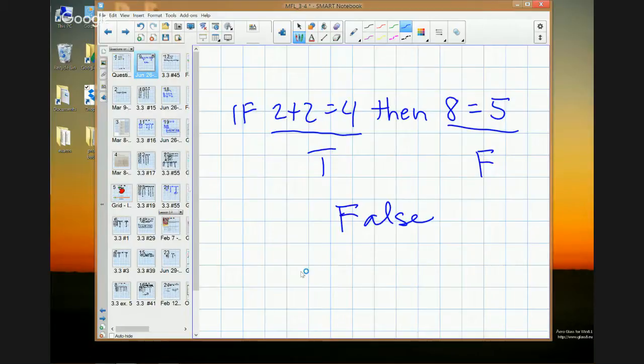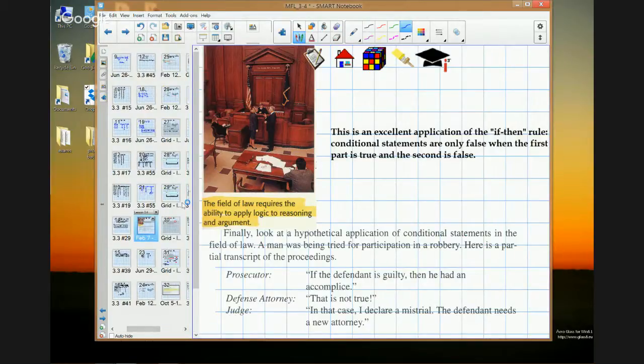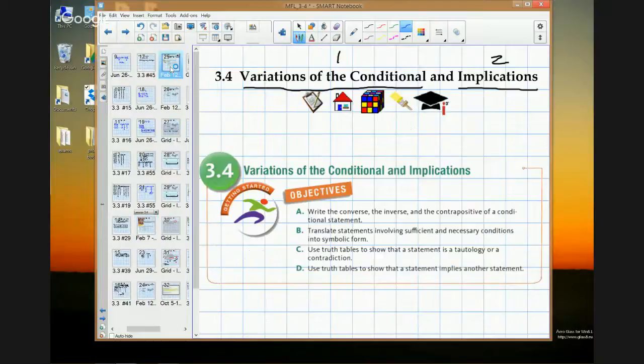Thank you. Okay, let's start the new lesson, lesson 3.4. Actually, this is a little review. Here's the title of the lesson. It's in your book too.